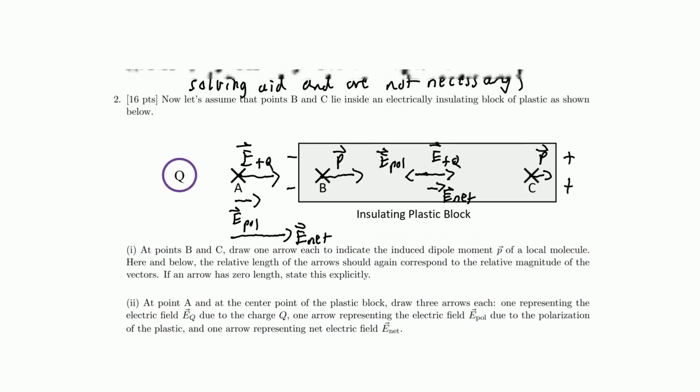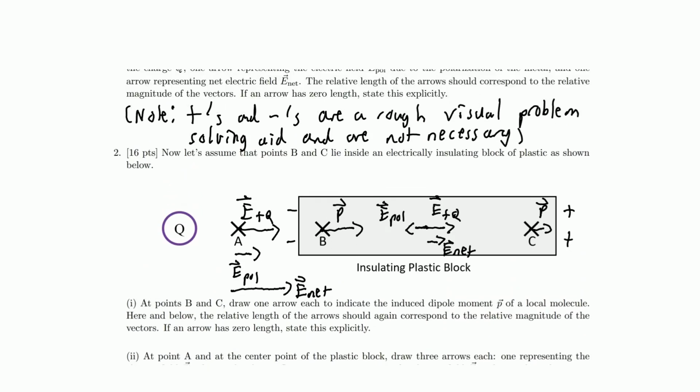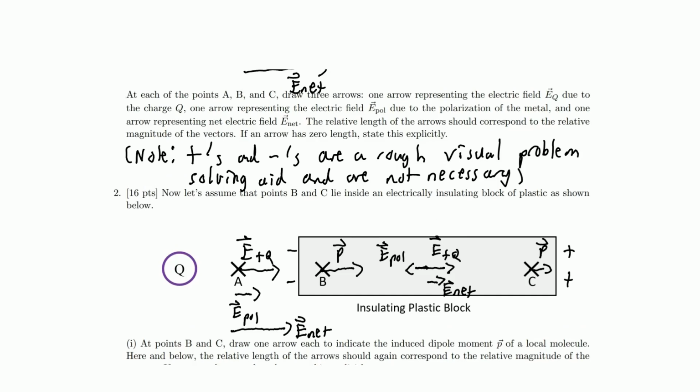It's helpful to have the formulas to check your work, and also to remember that the electric field for polarization is the opposite of the dipole moment, and dipole moments go from negative to positive.